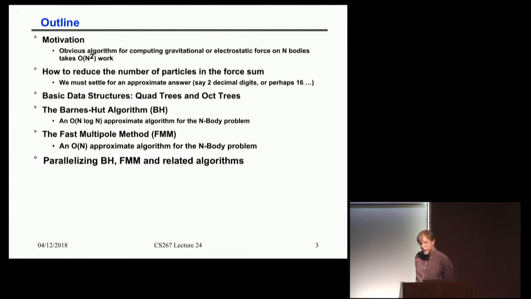They both share the same data structures called quad trees in 2 dimensions or oct trees in 3 dimensions. And we've seen quad trees before. They came up when we talked about how to divide up dense matrices across multiple processors, but we'll see them again. The first few bullets are basically doing the math, approximating the math for these algorithms, and then we'll talk about how to make them run in parallel and some of the big speedups that people have gotten.